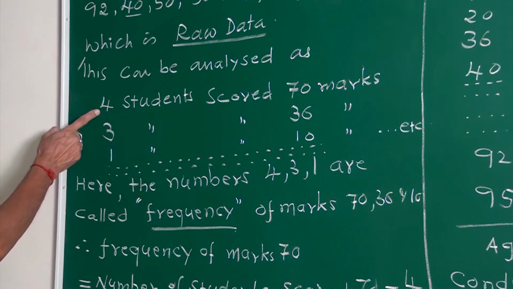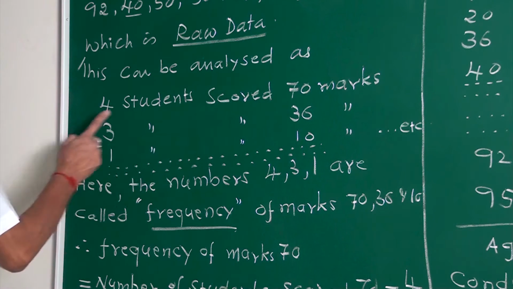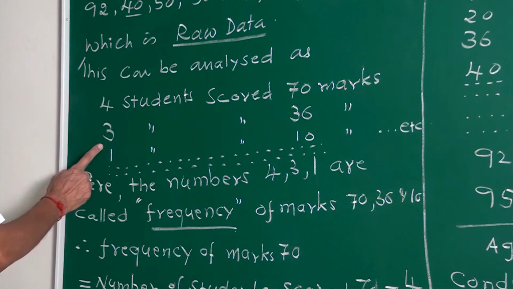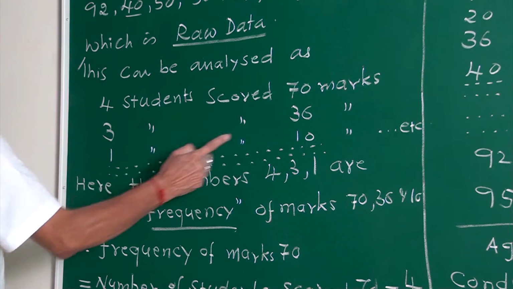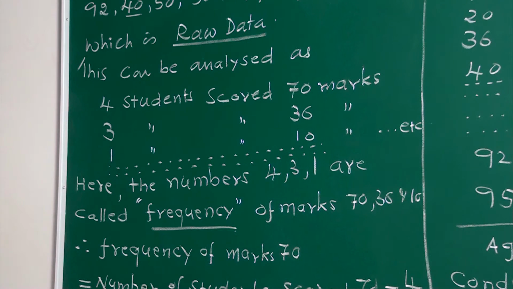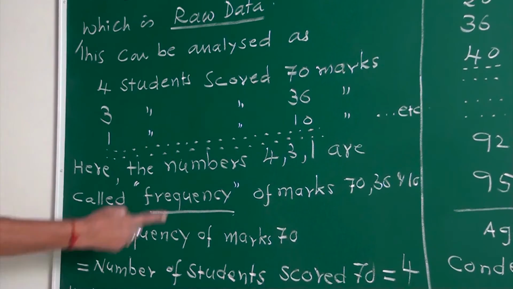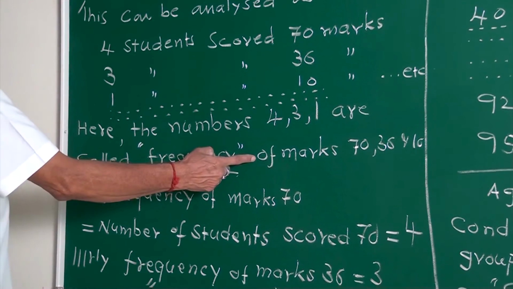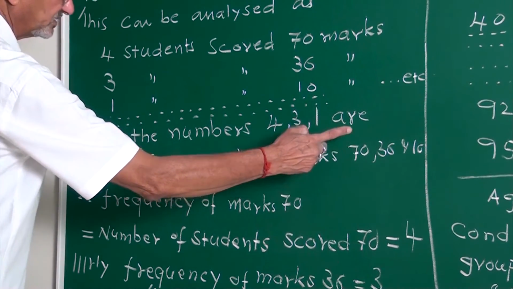Number of students who scored 36 is 3. Number of students who scored 10 is 1. There are many you can write like this. These numbers 4, 3, 1 are called the frequency of marks 70, 36 and 10.